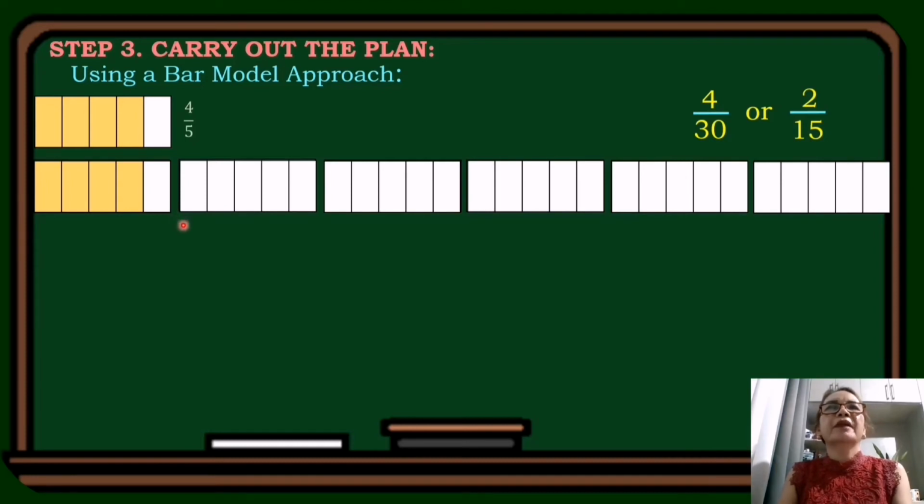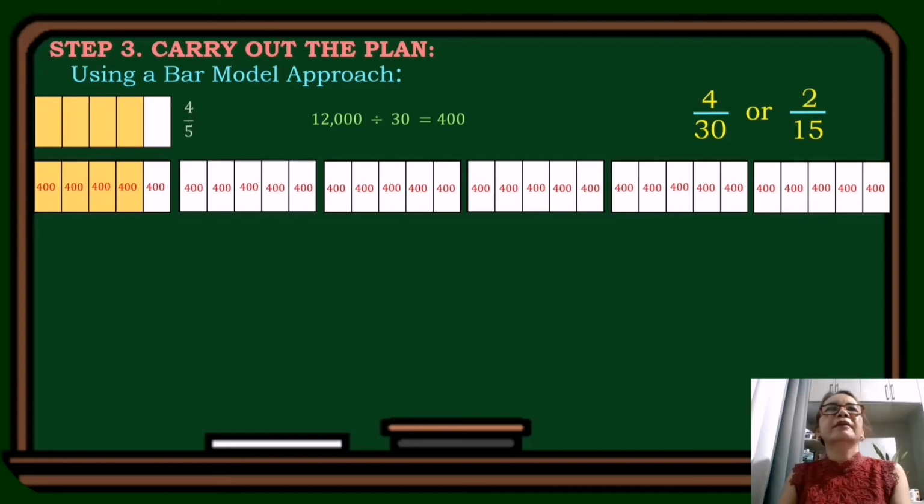we will divide 12,000 pesos by 30 small rectangles. So 12,000 divided by 30 equals 400. So each part here represents 400 pesos. And then this colored or shaded part will represent the part which the family will be getting.